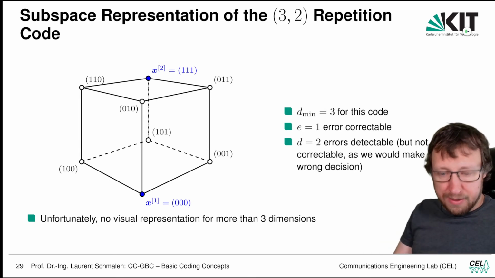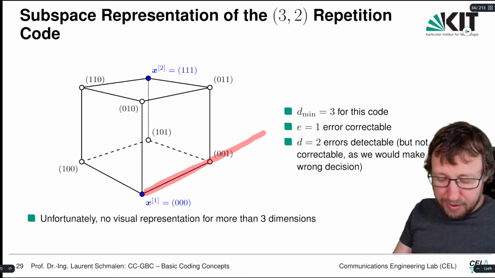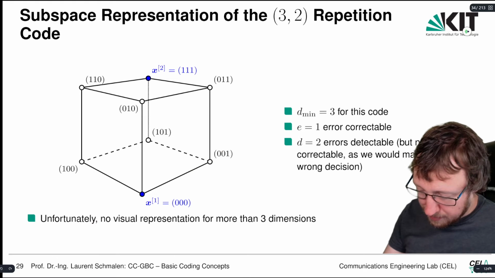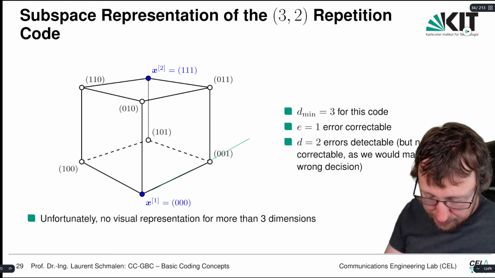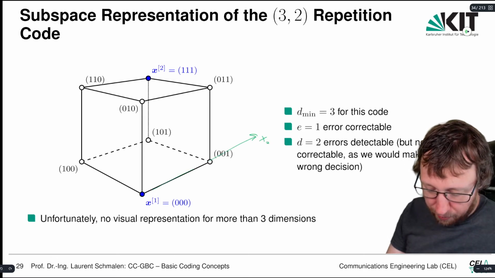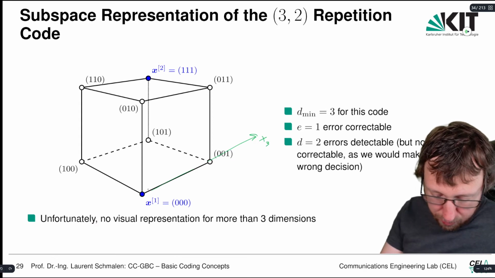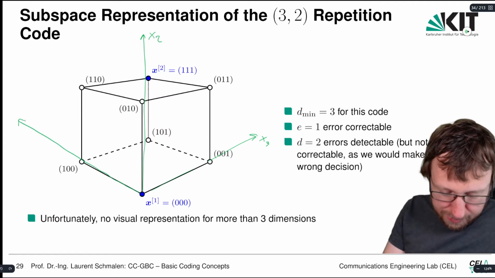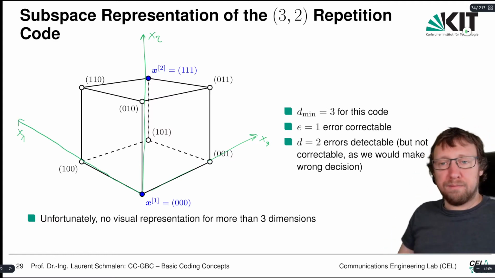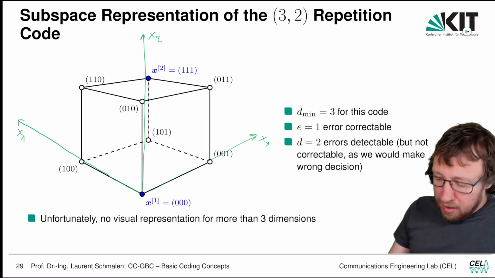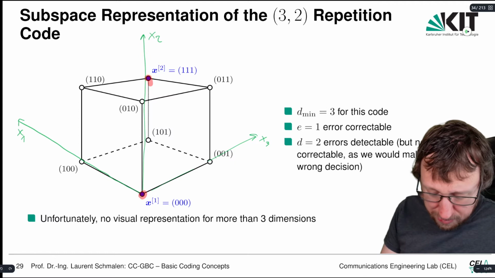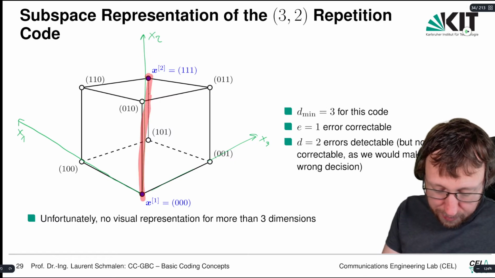For instance, this coordinate corresponds to the third bit, so let's say this is x3. This coordinate is x2, and this coordinate is x1.